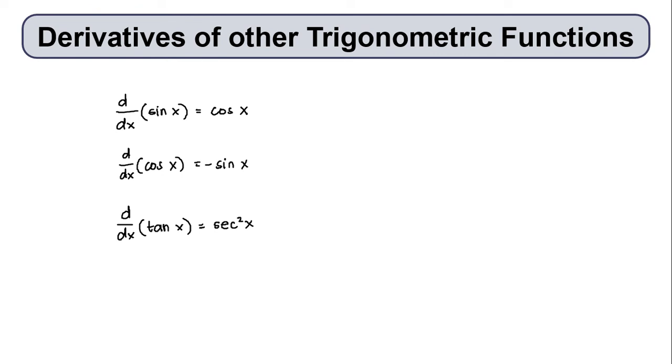Right? So, yan yung ating first three derivatives ng mga trigonometric functions. So ito naman pangatlo, pang-apat, pang-lima, tsaka pang-anim, the derivative with respect to x naman ng secant, no?